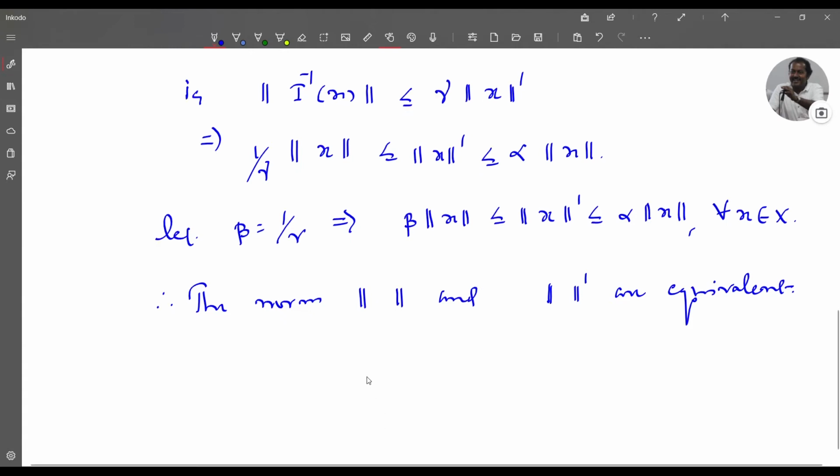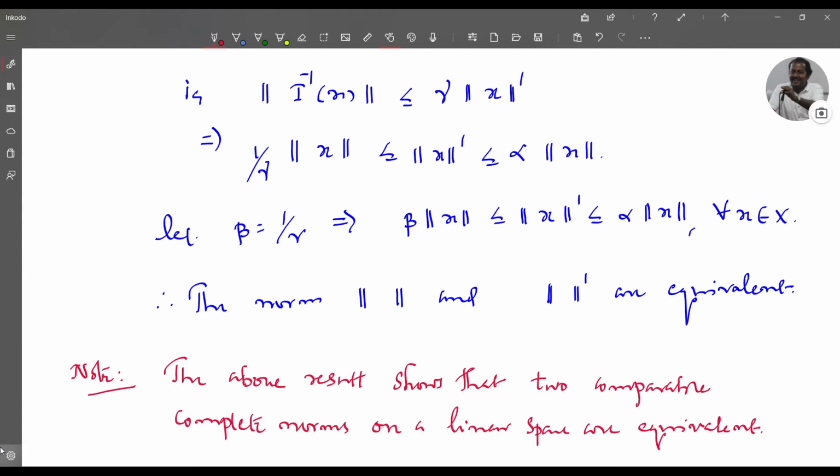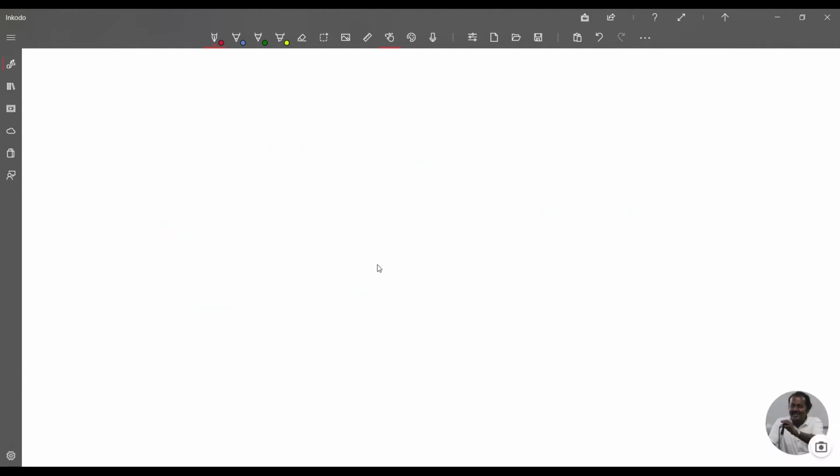So the above result can be restated as follows. May I write it as a note. The above result shows that two comparable complete norms on a linear space are equivalent. We can write some remarks based on the two norm theorem.